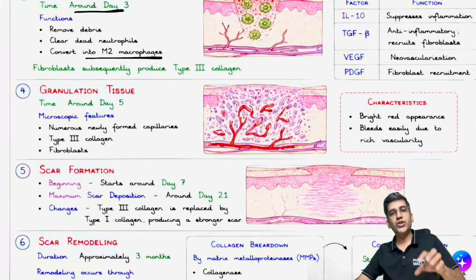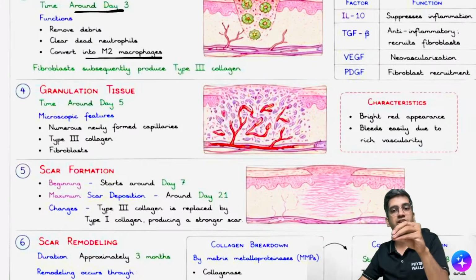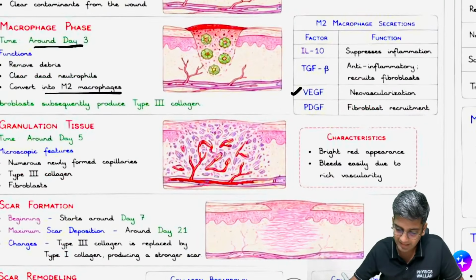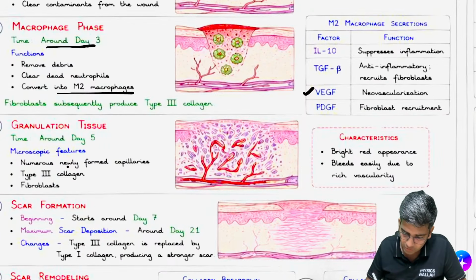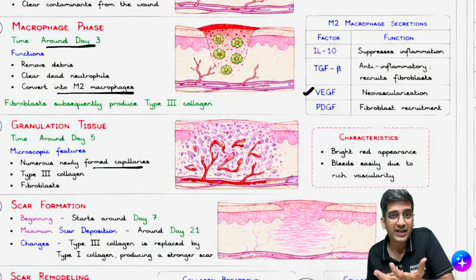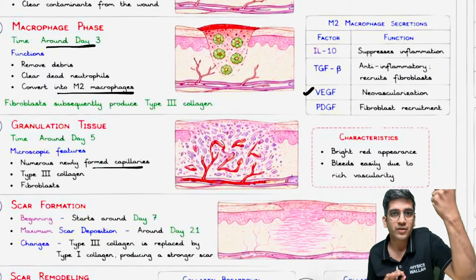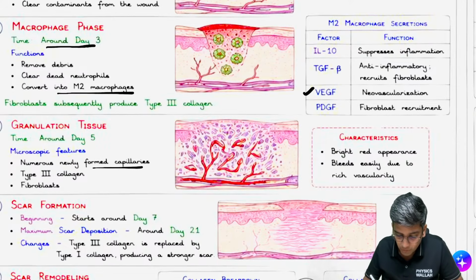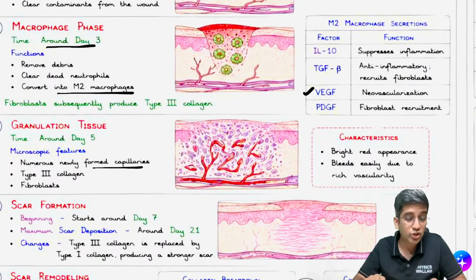Once you have the M2 macrophages secreting VEGF, the vascular endothelial growth factor, that helps in the formation of the microscopic capillaries. Not just capillaries, I need a base again because everything is being cleared. So to form the base, I have collagen production. The initial collagen production is type 3 collagen. They are not type 1.